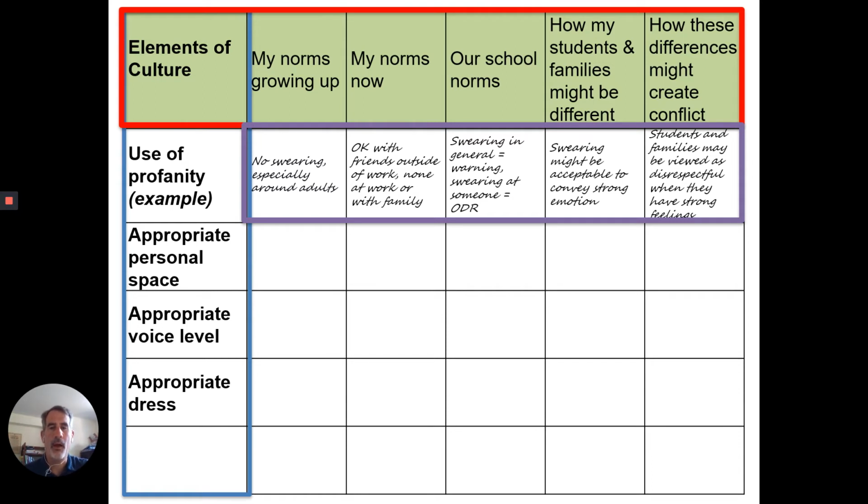And how I see that as being a difference that may create conflict is that I might see profanity as disrespectful, while some of the parents and students I work with may see it more as a way to vent or release strong emotion or deal with difficult situations. And so that might create conflict, or has created conflict for me. So that's one row completed.